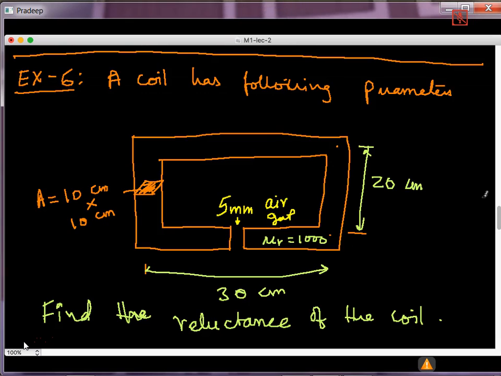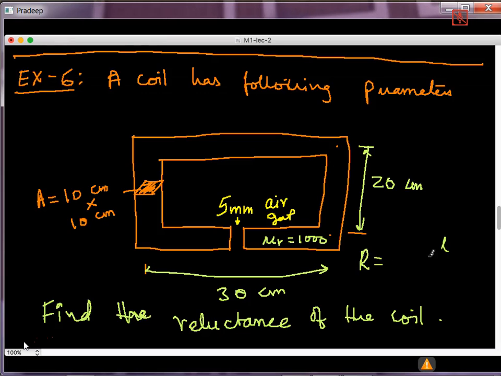So I have given all the required parameters to you. Based on this, can you find the reluctance of this particular core? Take 5 minutes, calculate it and then let me know. I'll also give you the formula for reluctance.